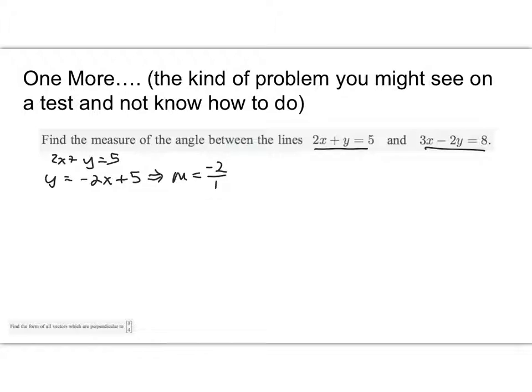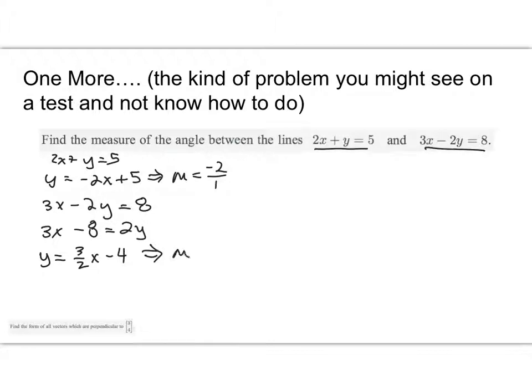And then the second equation, 3x minus 2y equals 8, if I rearrange that into slope-intercept form, then 3x minus 8 is equal to 2y. That means that y equals 3 over 2 x minus 4, which means my slope for this one is 3 over 2.